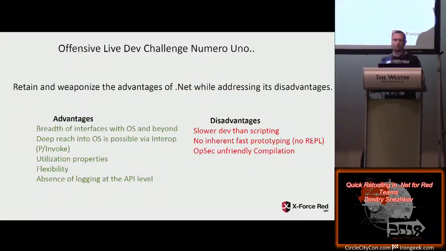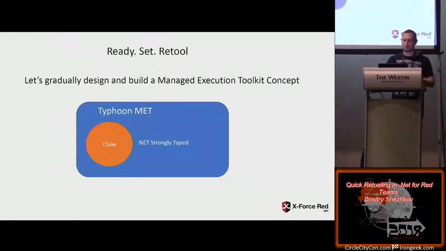Okay, so how do we solve that, right? We need to keep our advantages, but we also need to remove all the disadvantages. So let's try, can we even build that out? Let's iteratively build this managed execution toolkit that will allow us to do so.